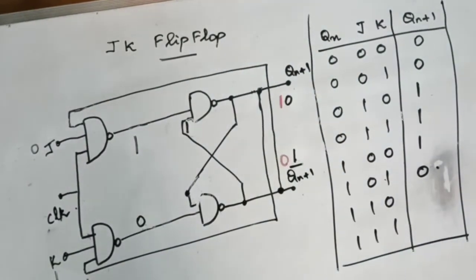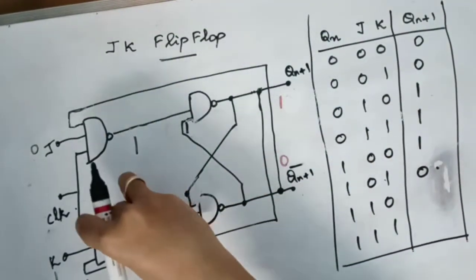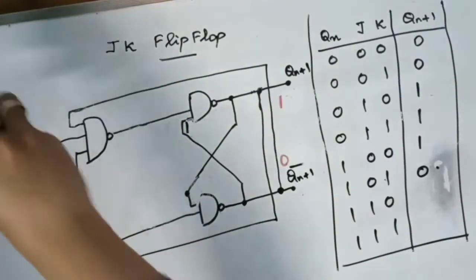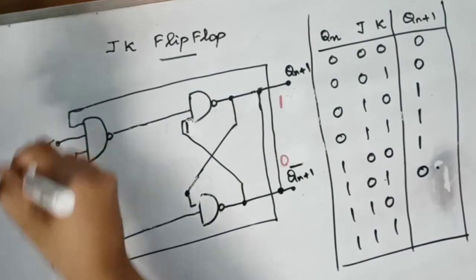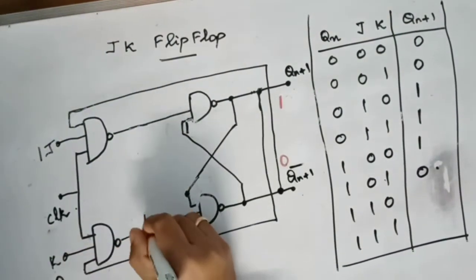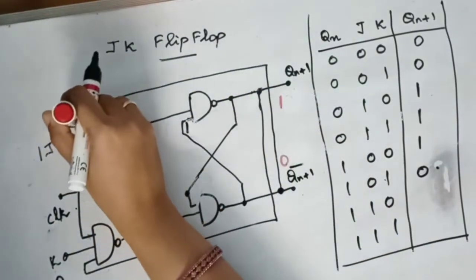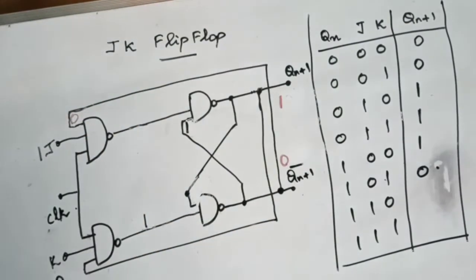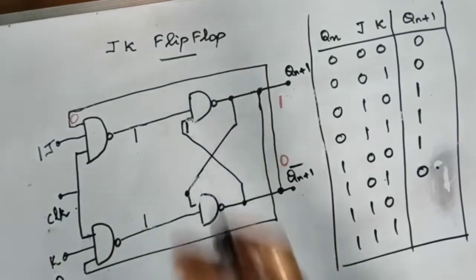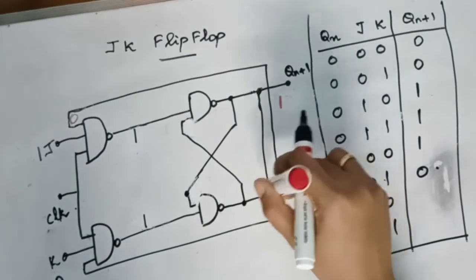Again in the next also, previous state is 1. It is 1 0. So 0 means this is 1. This you can predict only if you see what the previous state is. So that is 0. So this is also 1. Since these two are 1, you have to see the previous state.